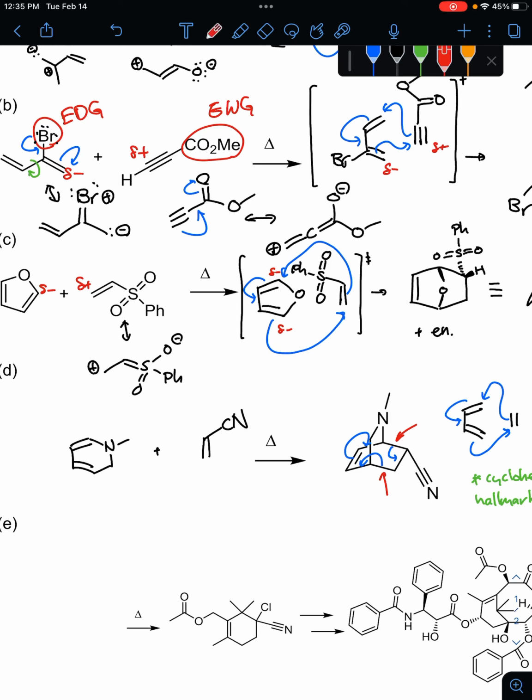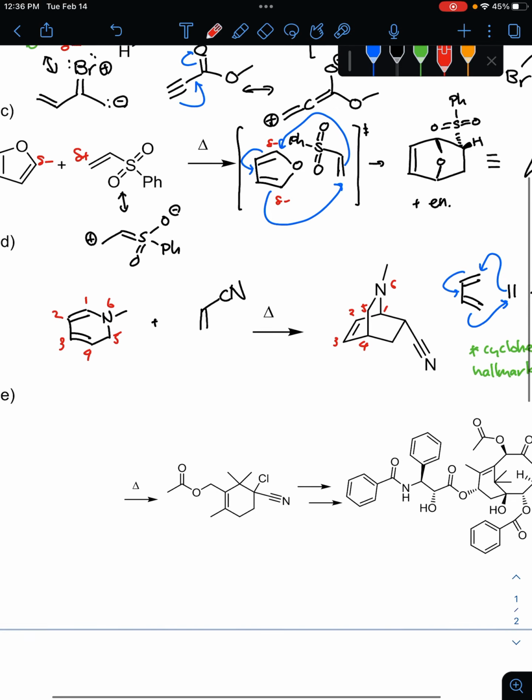Okay, just to clarify everything, I want to show how the numberings would go. Like if we call this carbon number 1, 2, 3, 4, 5, 6, 1, 2, 3, 4, 5, 6. That's the diene there. Okay, hope that makes sense.